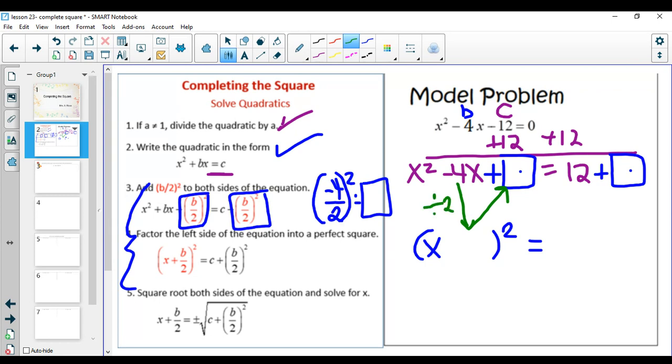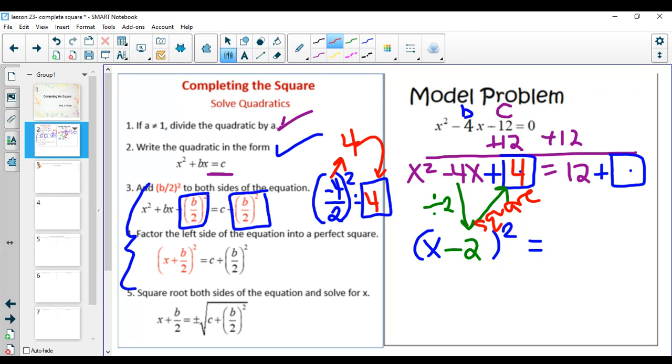What is negative 4 divided by 2? You get negative 2. Now to bounce back up, you're going to square negative 2. What is negative 2 times negative 2? You get positive 4, which is going to go in your box. That's if you're doing step 3 and 4 separately.